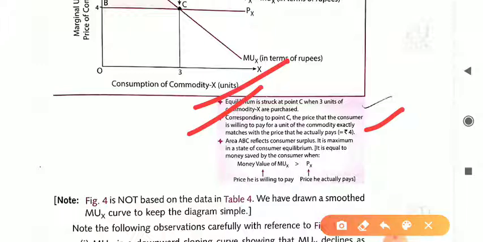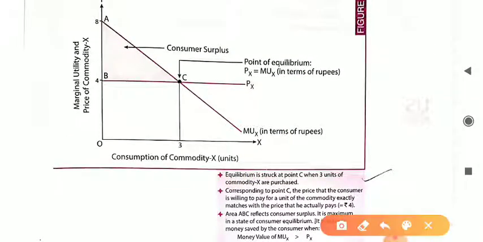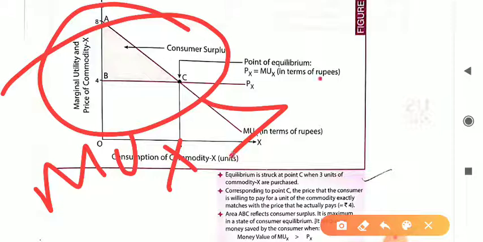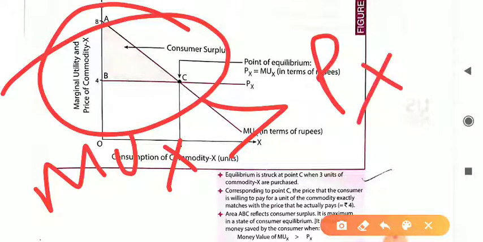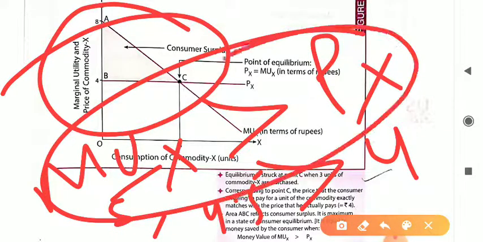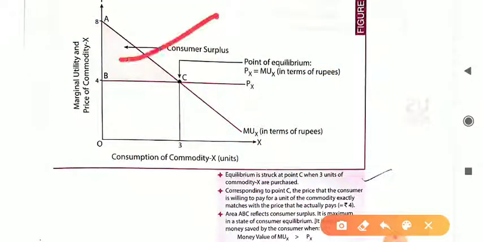Next part is area ABC, which I showed you in the diagram. Area ABC represents the consumer surplus. At this point, marginal utility of X is greater than PX. As we know PX is 4 and marginal utility in this part is 5 and 4.5. That's why MUX is greater than PX in this consumer surplus part.